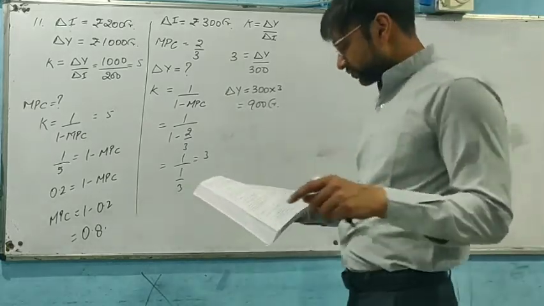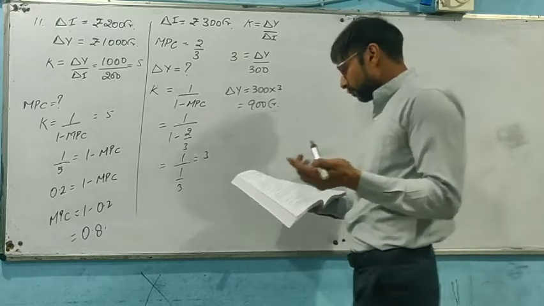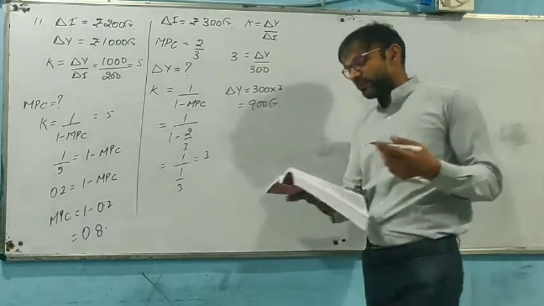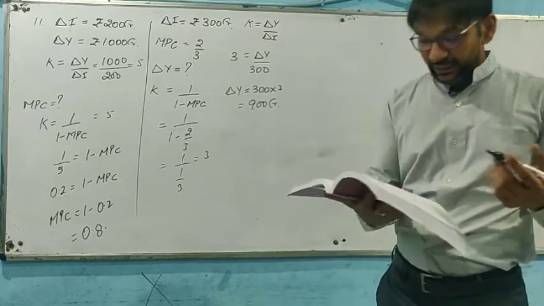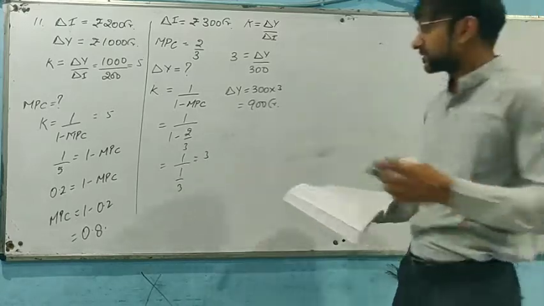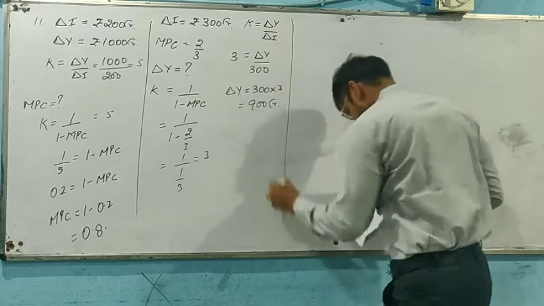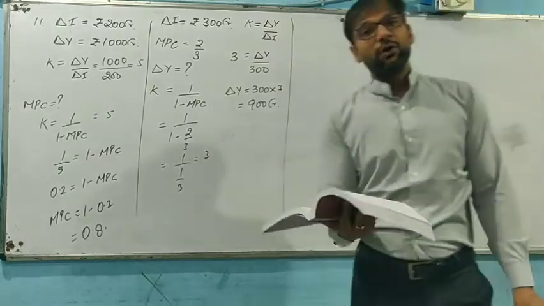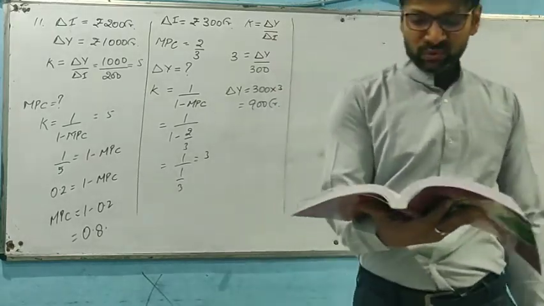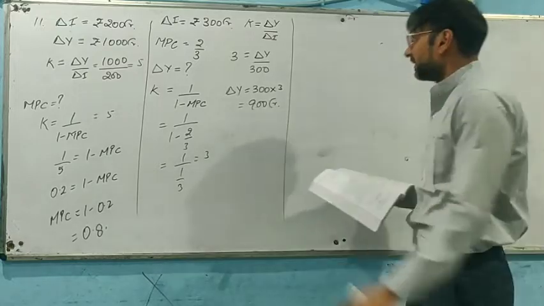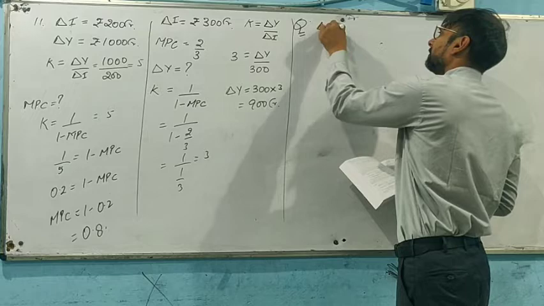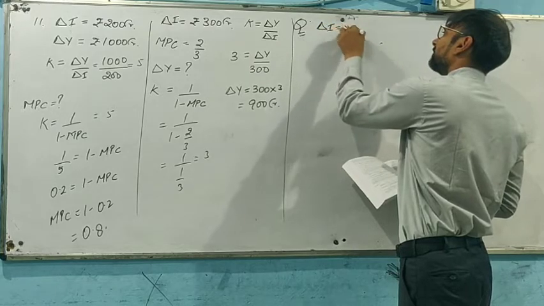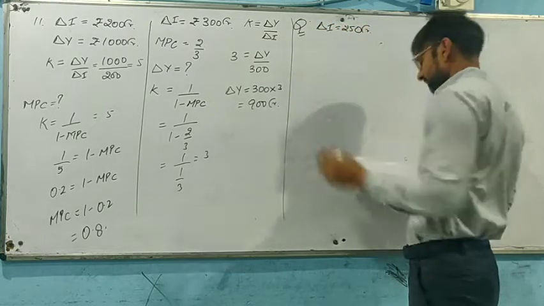Now we are going to a question where the particulars that we need to find out are new. The next question we are reading out: an increase of rupees 250 crores in investment, that is delta I is 250 crores.